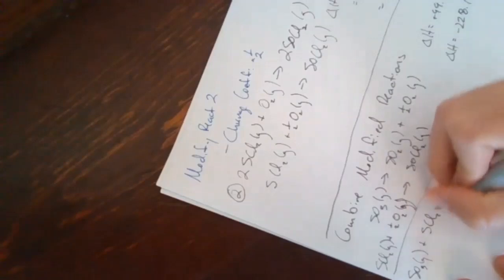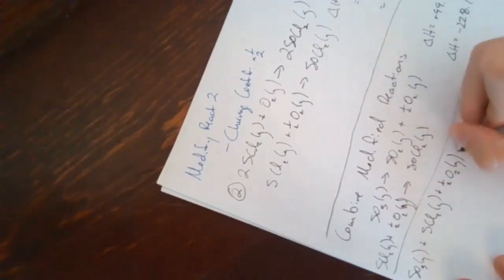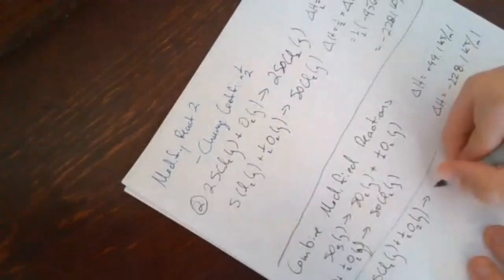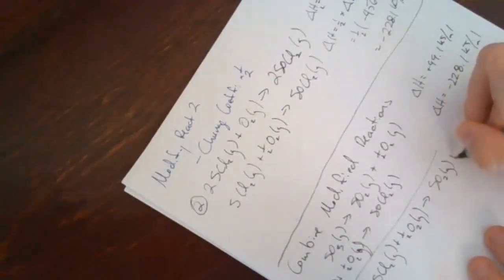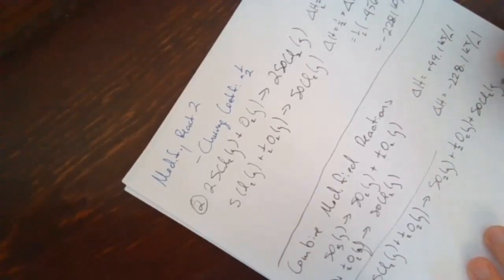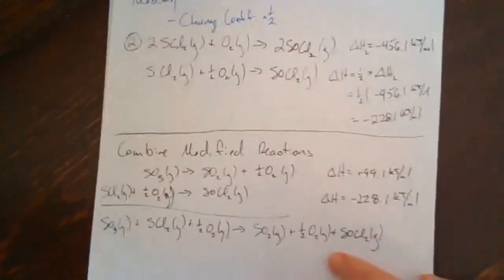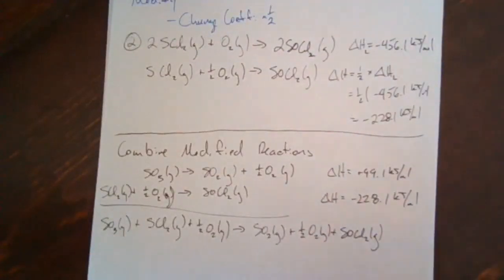So all of those reactants come together: SO3 gas plus SCl2 gas. Then I give myself enough space. All my reactants come together, and then all my products come together. After I combine, I want to simplify.